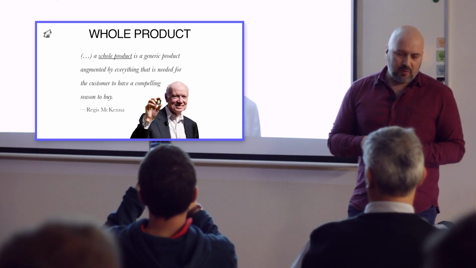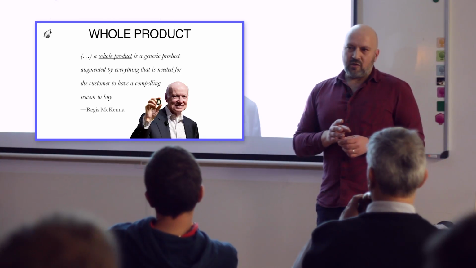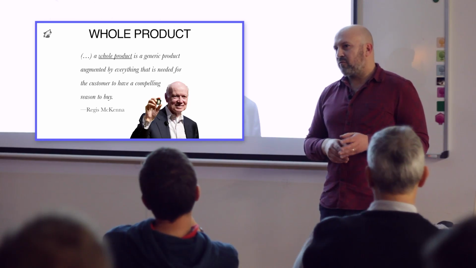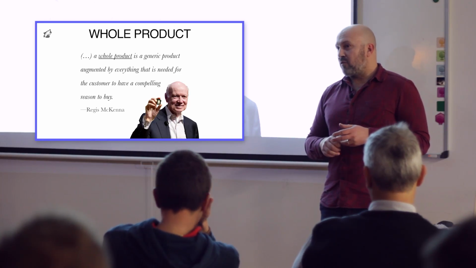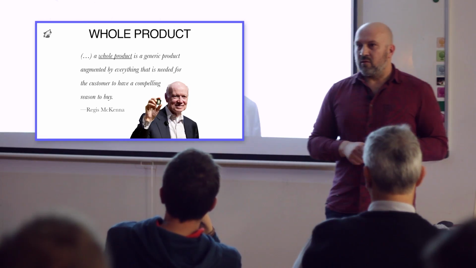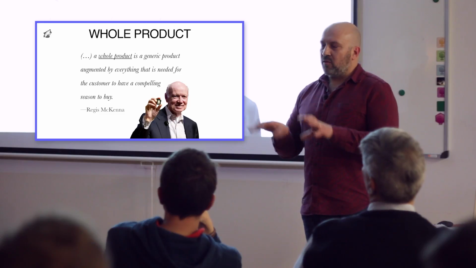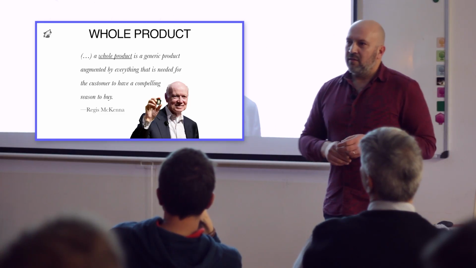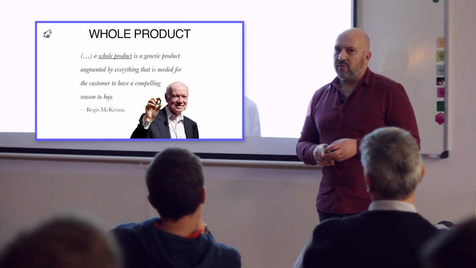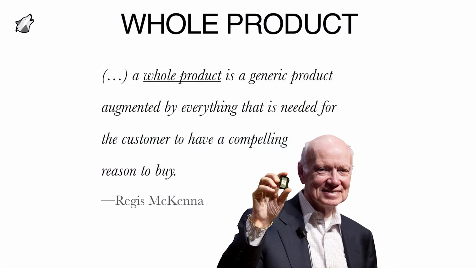Regis McKenna became famous because he helped launch and market the first microprocessor from Intel and the first computer from Apple Computers. So he was the one behind these new ways of thinking about products and marketing, and he was the one helping out these companies. He worked with a number of other companies, but in the meanwhile, he created this definition.